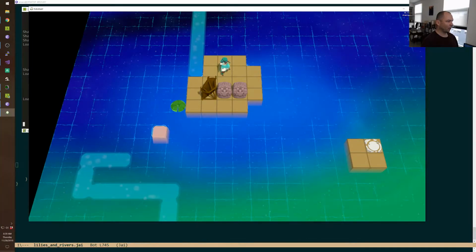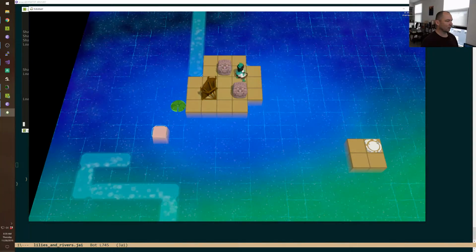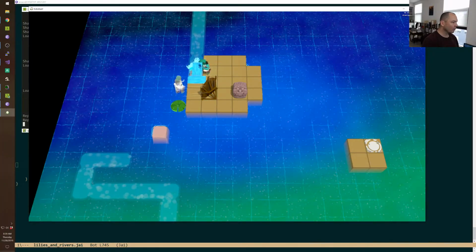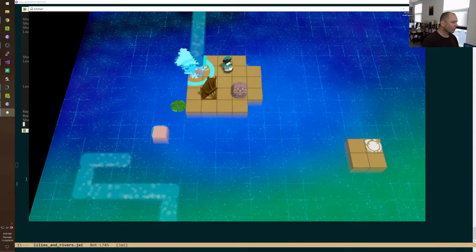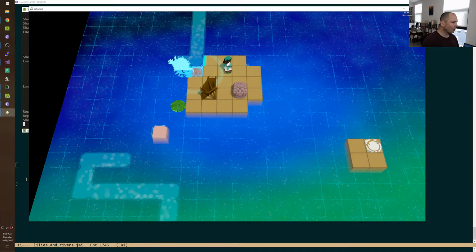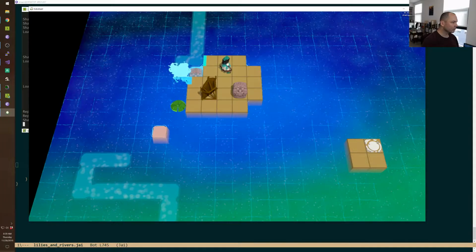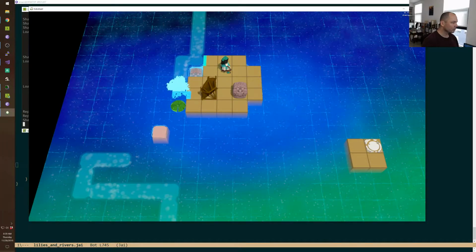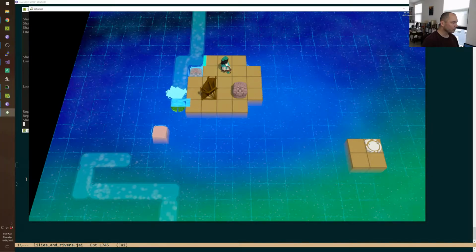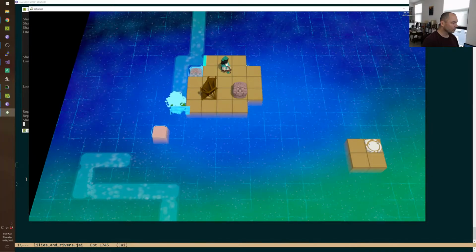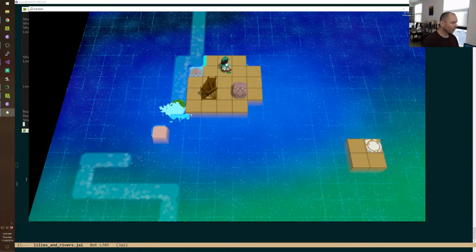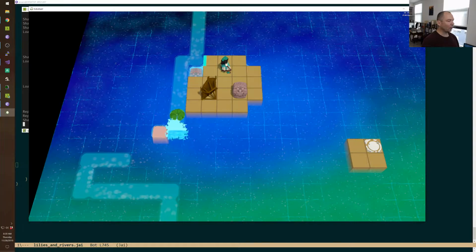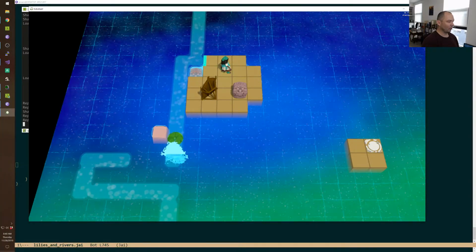You can't really see the... Maybe the... Is it doing its little move bob at all now? Yeah, it is. It's just hard to... It's a very lame little animation, so it's hard to see.